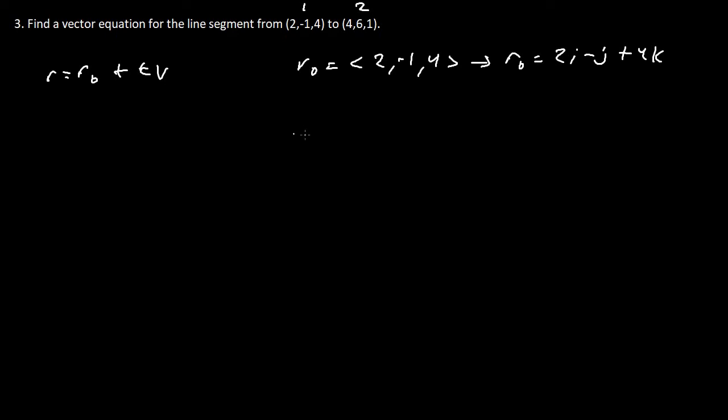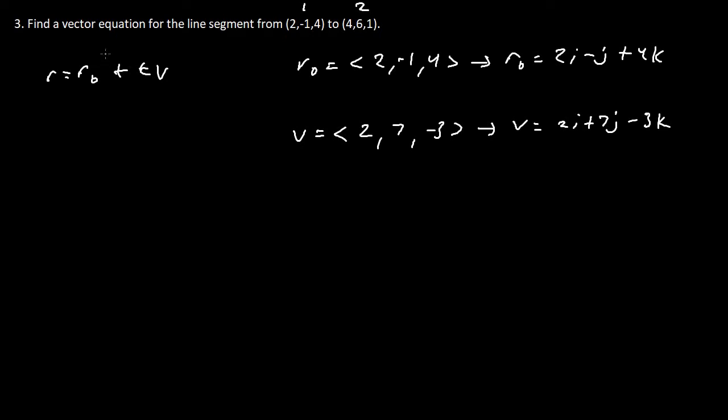So once again, vector v, we can represent it by taking x2 minus x1, so 4 minus 2 is 2, comma y2 minus y1, 6 minus -1 gives us 7, comma z2 minus z1, 1 minus 4 gives us -3. So in unit vector form, v is going to equal 2i plus 7j minus 3k.